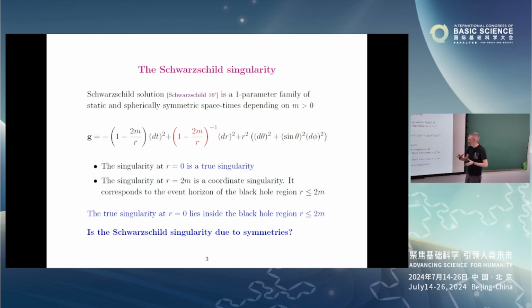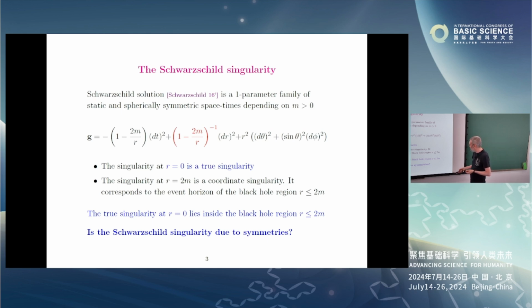The coordinate r here, you should think of it rather as a time coordinate, and the singularity r equal to 0 is in fact towards the future. In other words, I can set up a well-defined initial value problem for one of the slices of Schwarzschild in which it will look smooth, and in infinite time, it will form a singularity at r equal to 0, which will lie in the future. So this is really an example of formation of singularities.